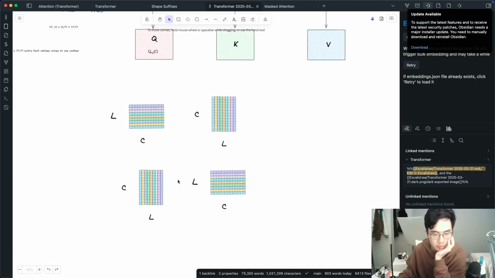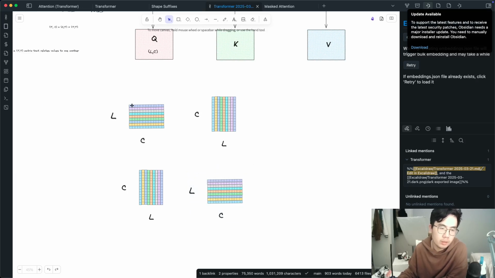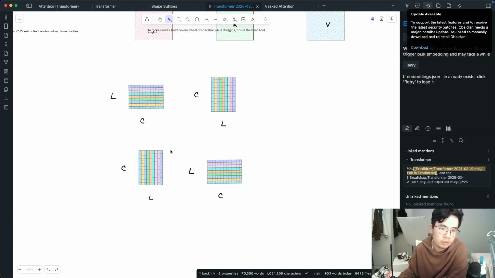If you multiply these two matrices together, it doesn't really make sense, because you're trying to figure out how related these two words are to each other. If you matrix multiply this way, you end up with a C by C, which would just be weird.